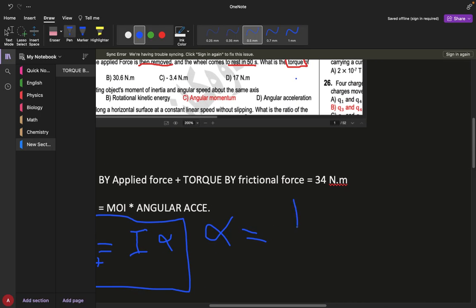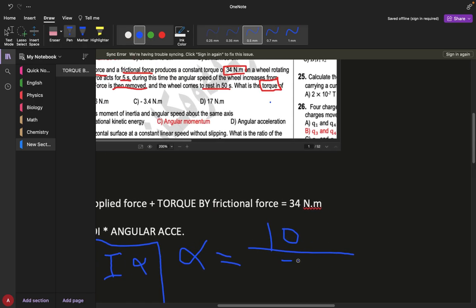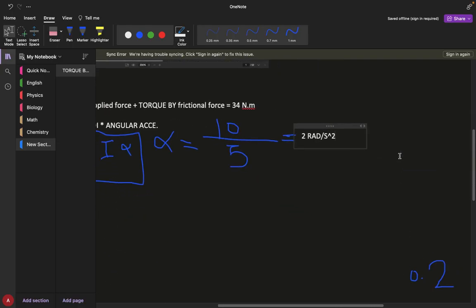That means that the final is 10. I'm not going to even write the initial. And it says for 5 seconds, so that's going to be over 5, and that's 2 rad per second squared.